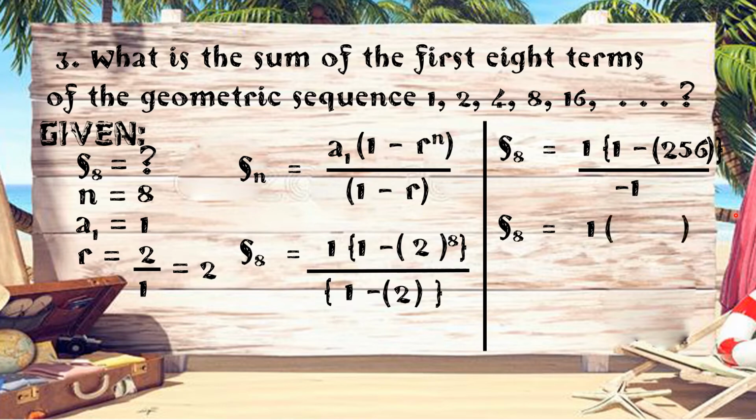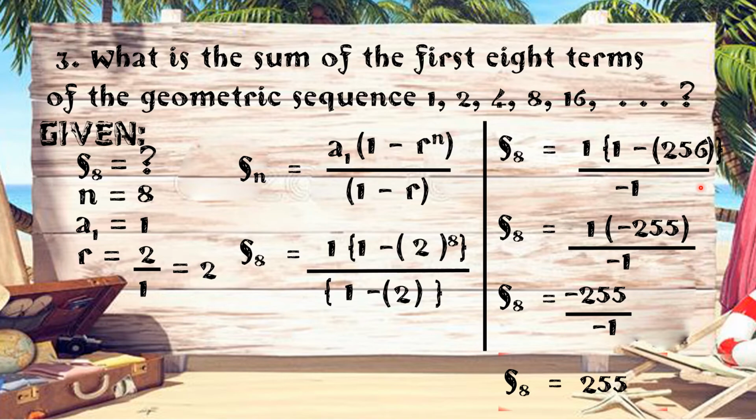And then, we have S sub 8 is equal to 1 times 1 minus 256, which is negative 255, all over negative 1. Therefore, we have negative 255 divided by negative 1 is positive 255. So, yun ang sum ng ating first 8 terms from this given sequence.